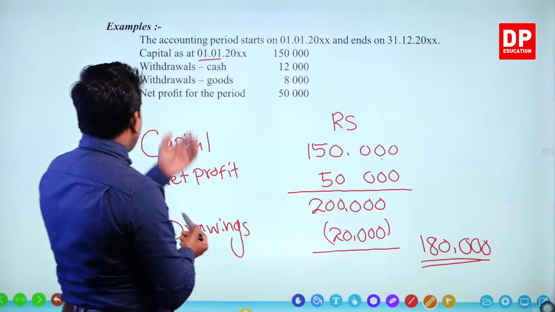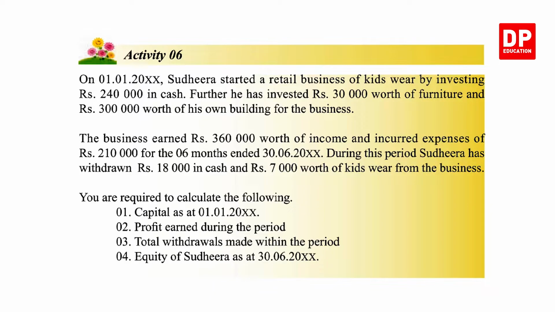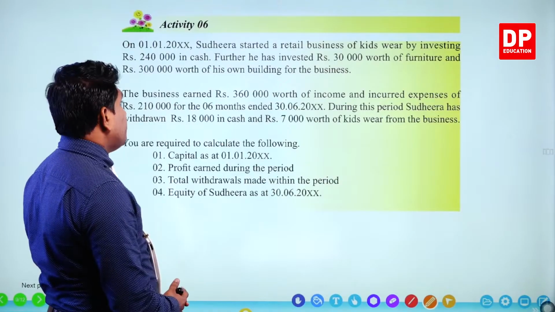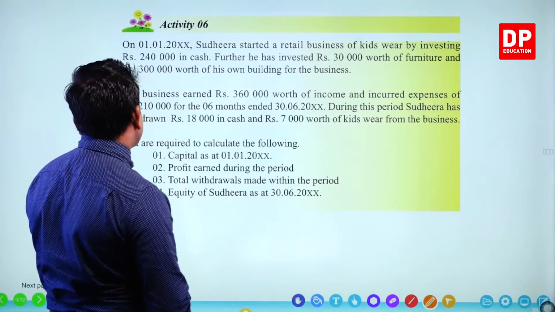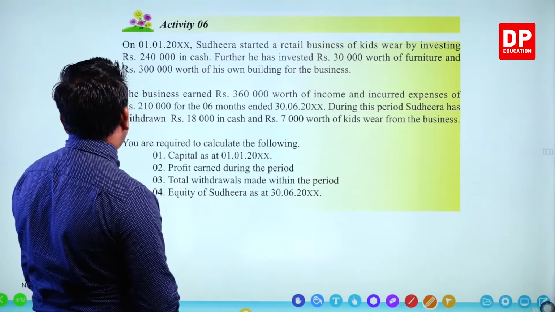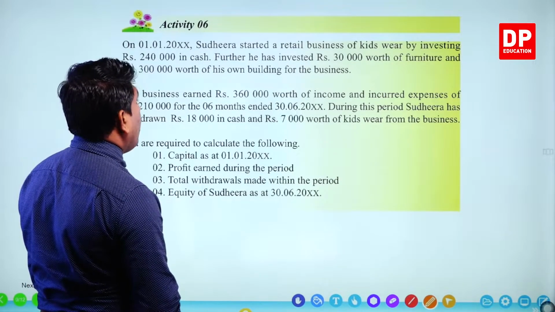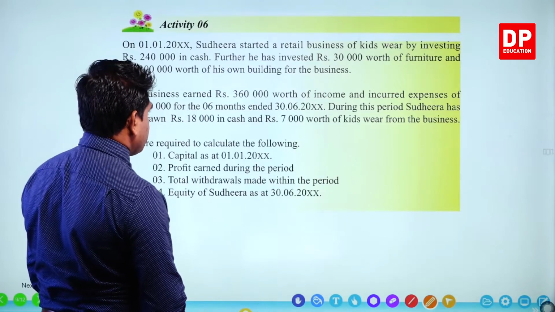Right. Now we move to the next one. You can turn to your textbook activity 6. On 1st of January 2020, Sudhir started a retail business of kids wear by investing 240,000 rupees in cash. Further, he has invested 30,000 worth of furniture and 300,000 rupees worth of his own building for the business.